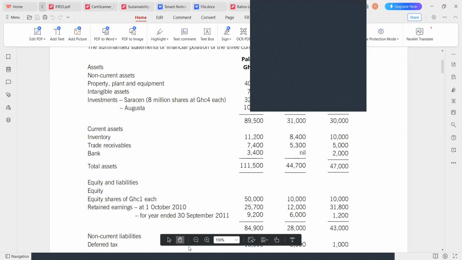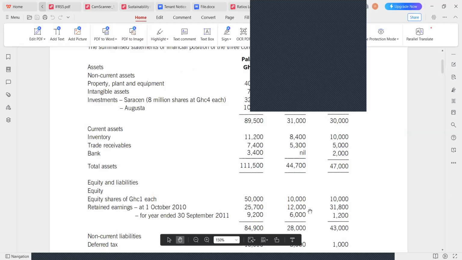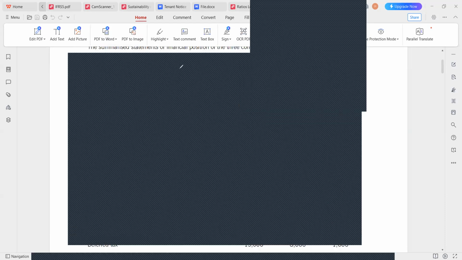Trade receivables. Trade receivables will be 7,400 plus 5,300, that is 7,453.